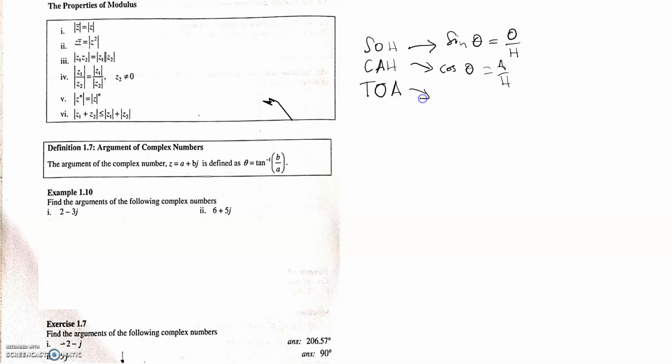TOA, tan theta is opposite over adjacent. So as you can see, this is SOHCAHTOA.